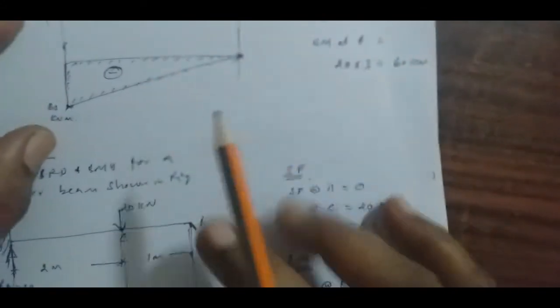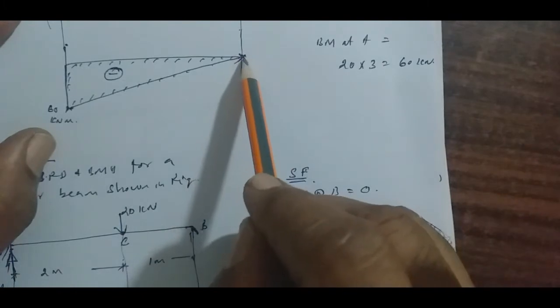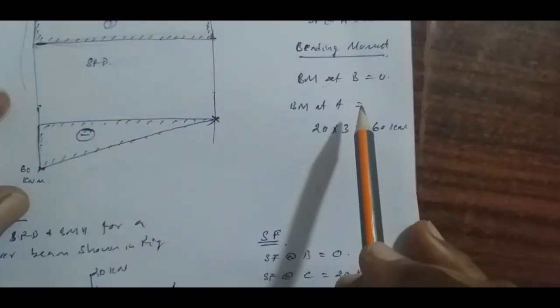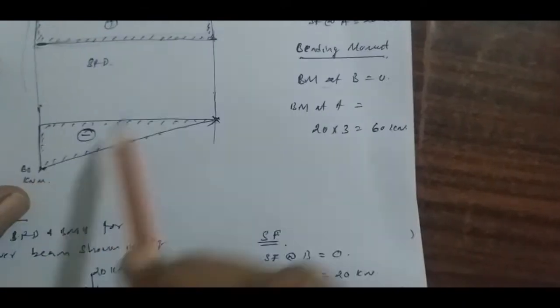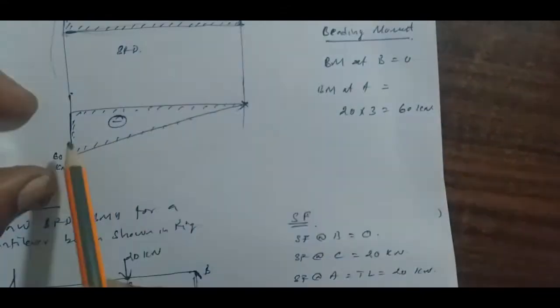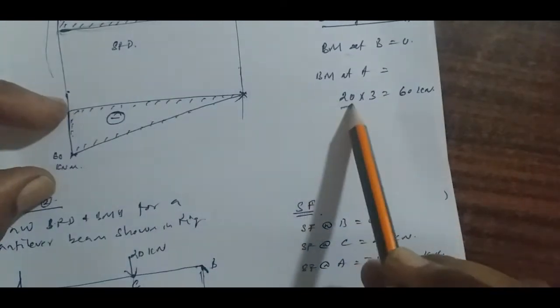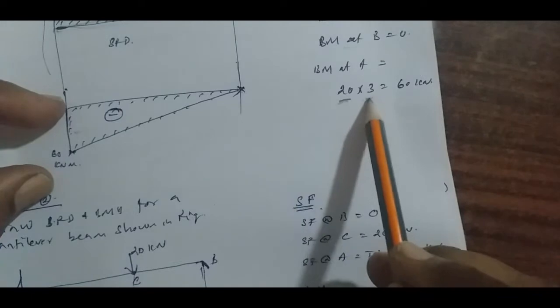What is the moment here? For all cantilever beams, the moment at the free end is equal to 0. And at the support, the 20 kilonewton force is acting at a distance of 3, so 20 into 3 is 60.